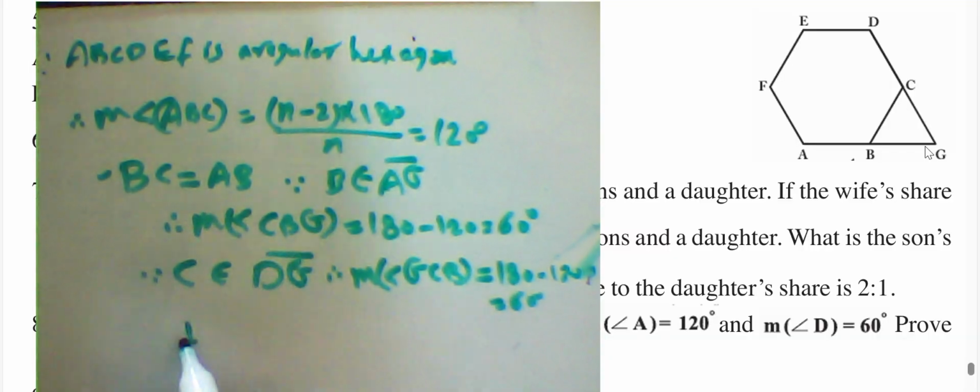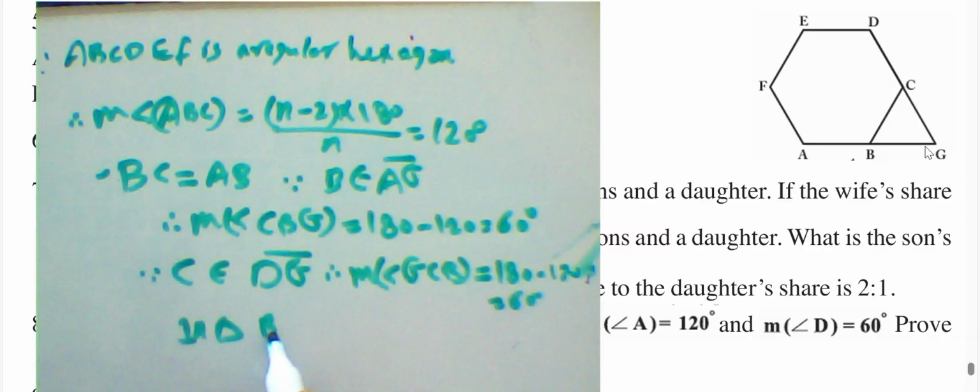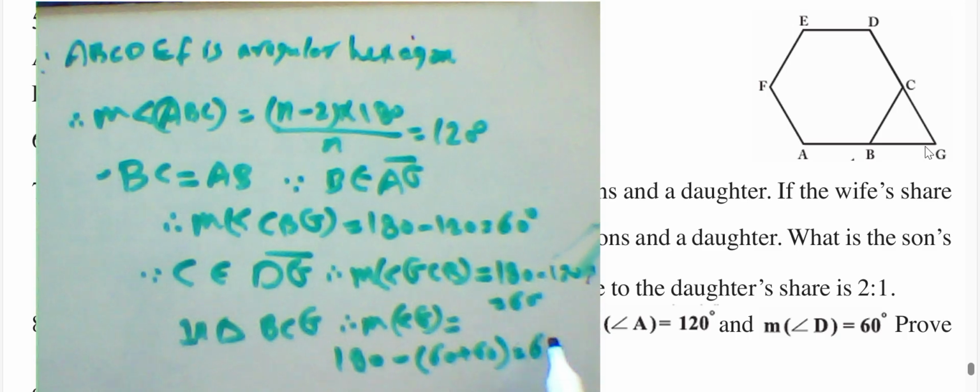In triangle BCG, look at here, the measure of angle G equals 180 minus (60 plus 60) equals 60 degrees. Then we have three congruent angles, 60, 60 and 60. Then this triangle we call equilateral.